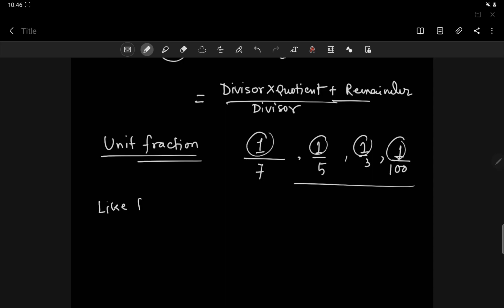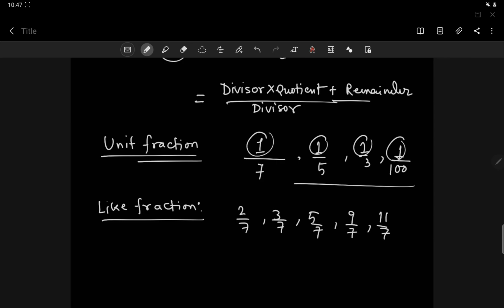Like fractions are fractions with the same denominator. Suppose 2 by 7, 3 by 7, 5 by 7, 9 by 7, 11 by 7. They are all like fractions because the denominator of these fractions is the same.